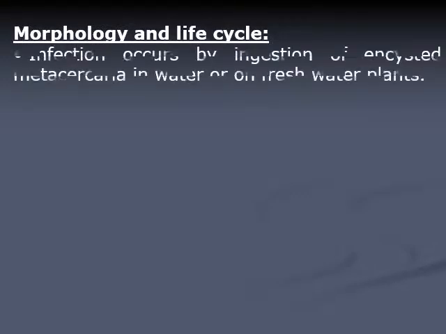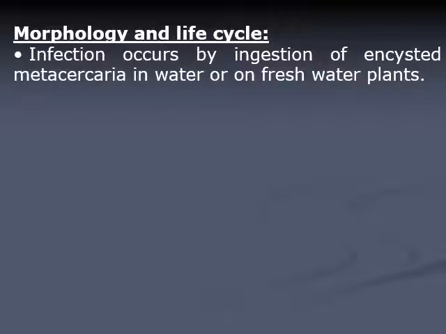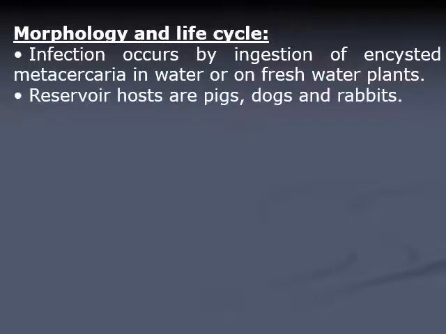Concerning morphology and life cycle, infection occurs by ingestion of encysted metacercaria in water or on freshwater plants, which are eaten fresh and drawn from the water directly. Reservoir hosts are also some herbivorous animals like pigs, dogs, and rabbits.